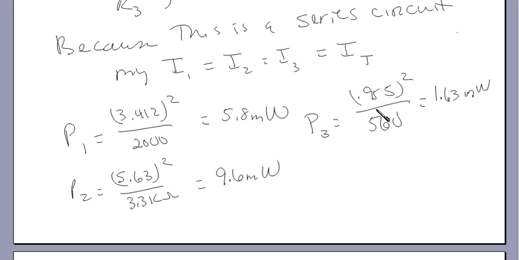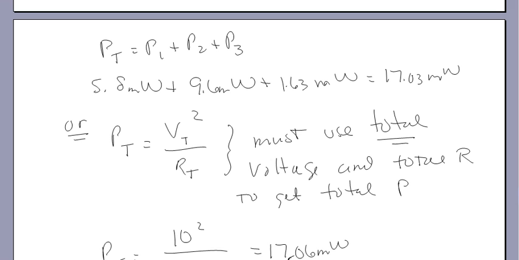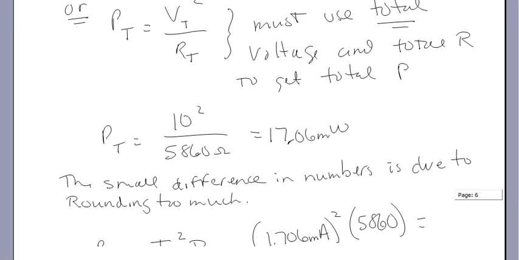And power 3 is 0.955 squared, divided by 560, which is 1.63 milliwatts. Total power is all the powers added up, P1 plus P2 plus P3. So if I just take all those three numbers I just calculated, 5.8 milli, 9.6 milli, 1.63 milli, I get 17.03 milli.